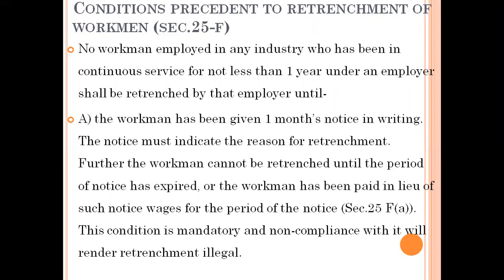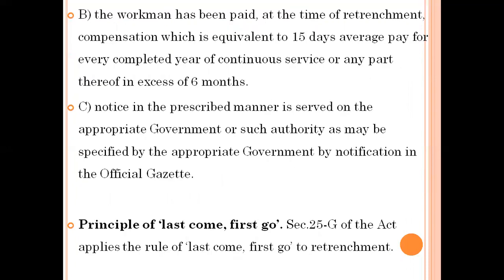This condition is mandatory and non-compliance with it will render retrenchment illegal. The workman has been paid at the time of retrenchment compensation which is equivalent to 15 days average pay for every completed year of continuous service or any part thereof in excess of 6 months.